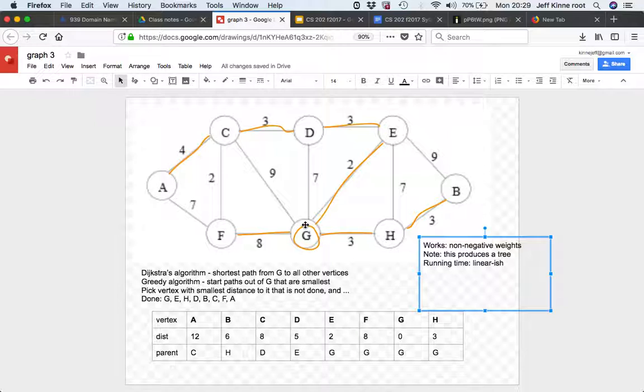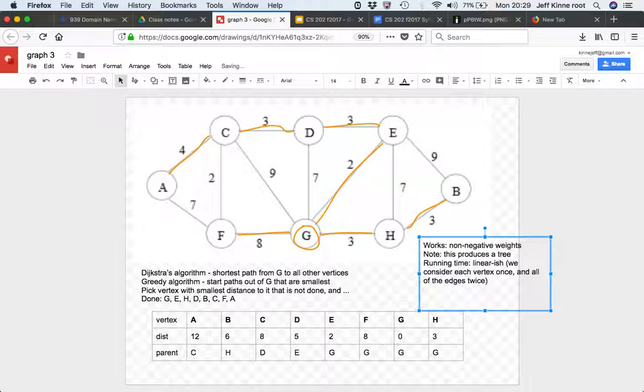So that makes us consider each vertex once in the main loop, and all of the edges get considered as well.